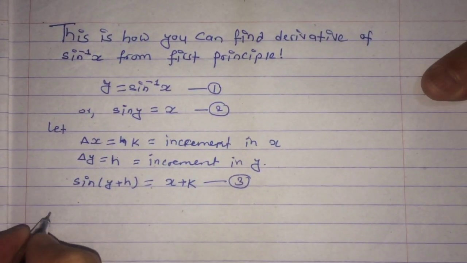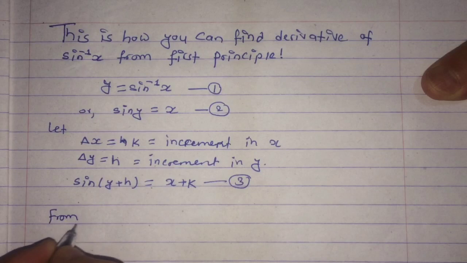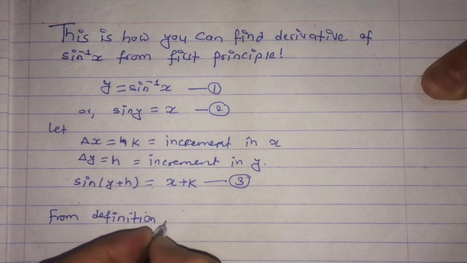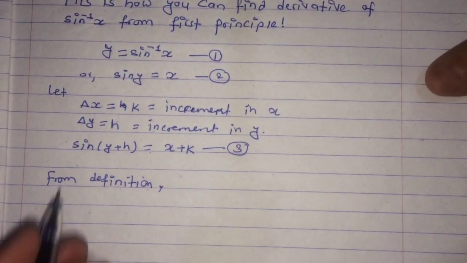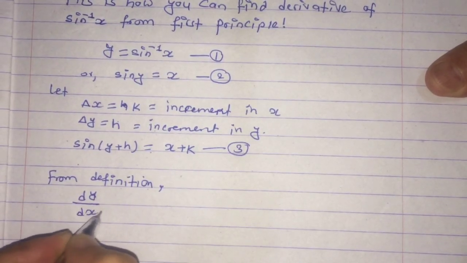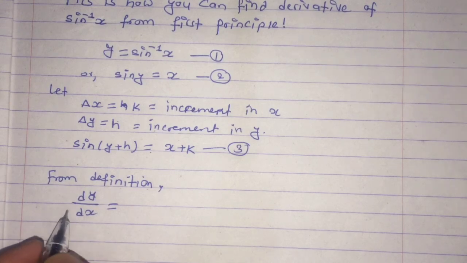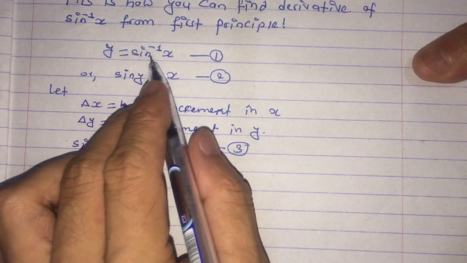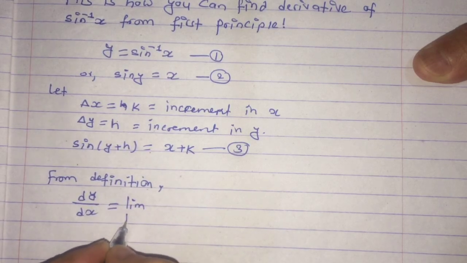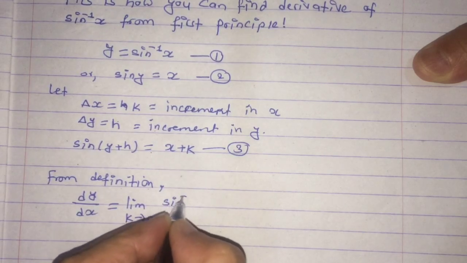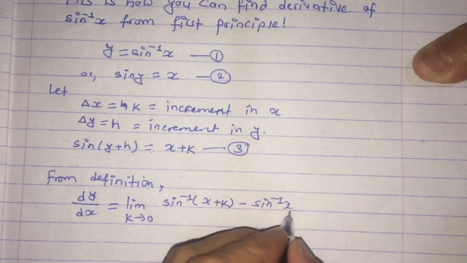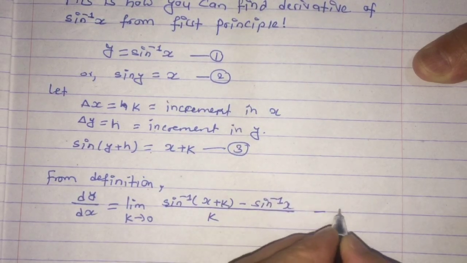Now from the definition of first principle of derivative, we can write from equation 1 the derivative of function y with respect to x, that is sine inverse x with respect to x, is equal to limit k tends to 0 of sine inverse of x plus k minus sine inverse x, whole divided by k.